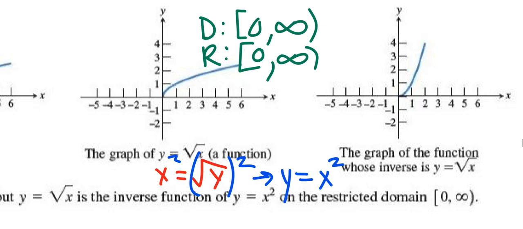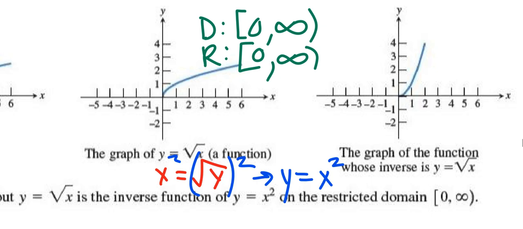Which one? What's the domain of this? It's got to be one of those. Which one is it? It's the range. The range of the original is the domain of this one. Now, I know, they're exactly the same. But I need you to understand that there's a connection between the range of this and the domain of this.